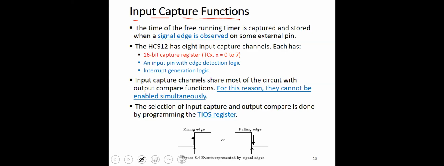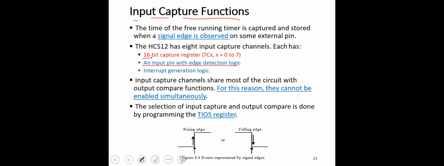So there is an input pin with edge detection logic associated with this functionality that monitors the input or the event under consideration and decides whether it has occurred or not. And once this event occurs, we want to record the time of that event. The clock or the watch that we have is the TCNT counter, or the free running counter. So we want to take the current time and capture it.